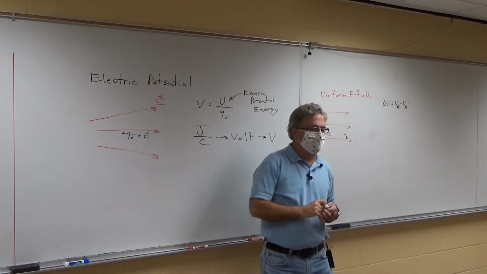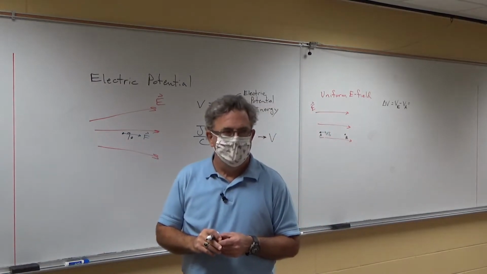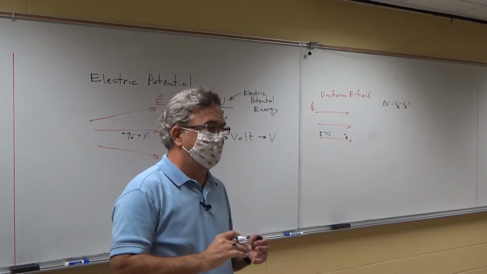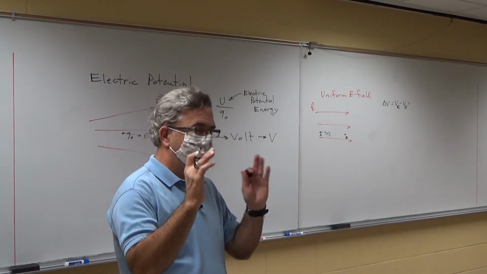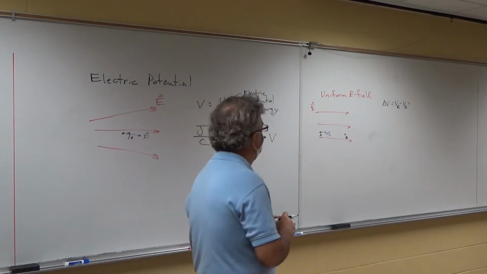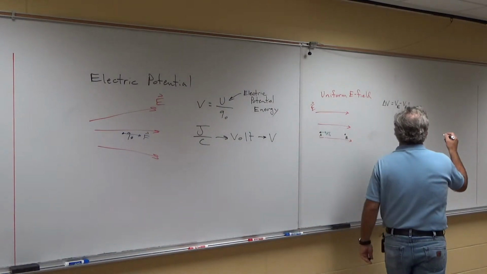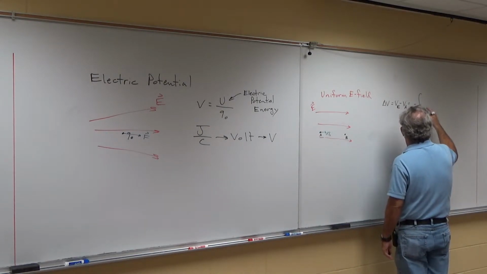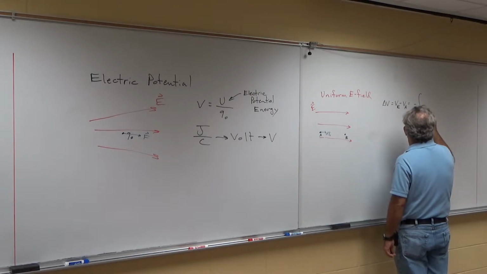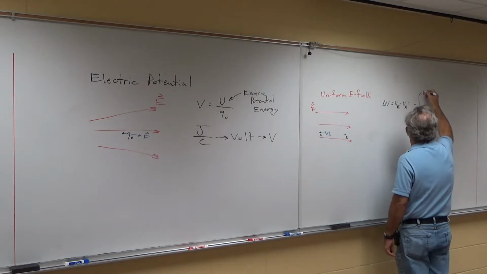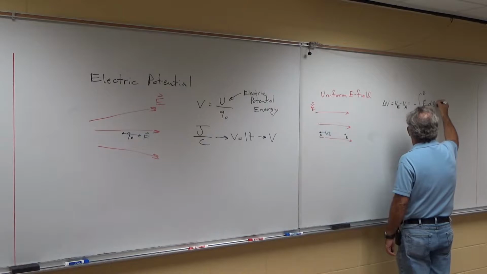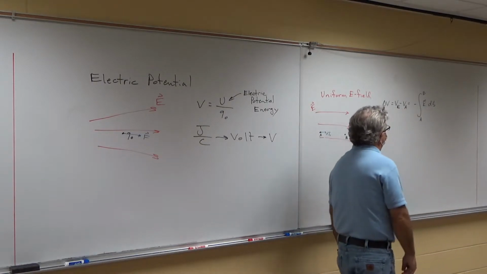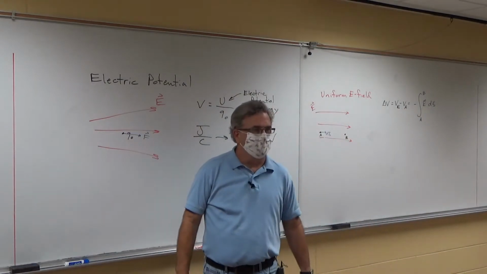Most of the time, we want to know potential differences between different points. This is the definition of the change in potential: the negative of the integral from A to B of E dot ds.